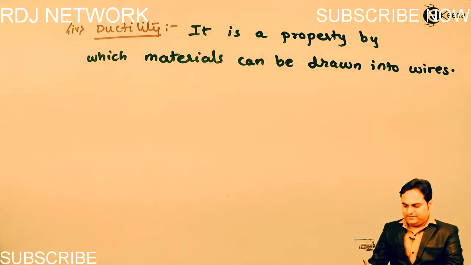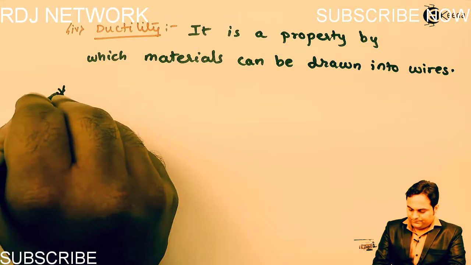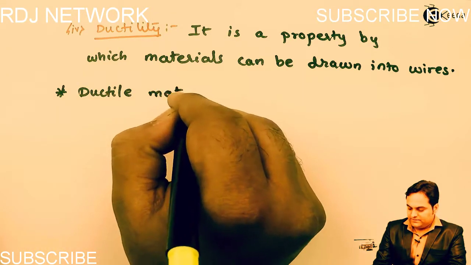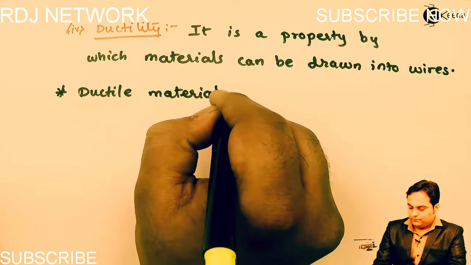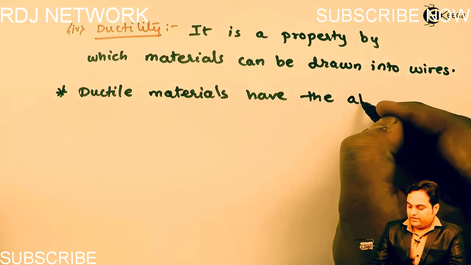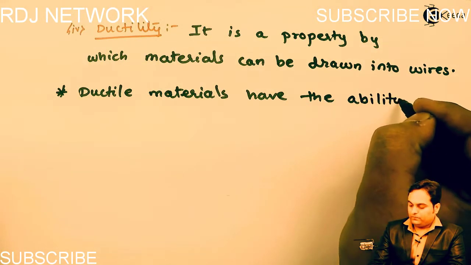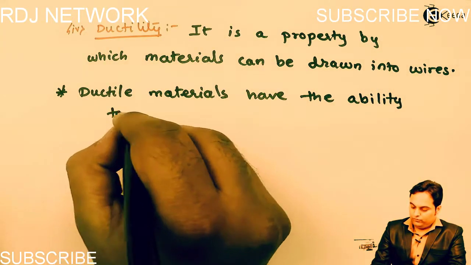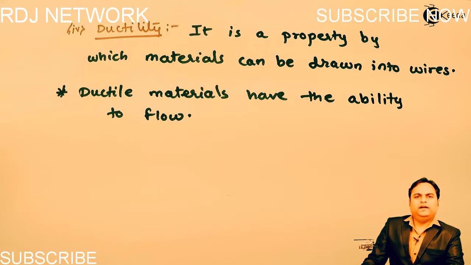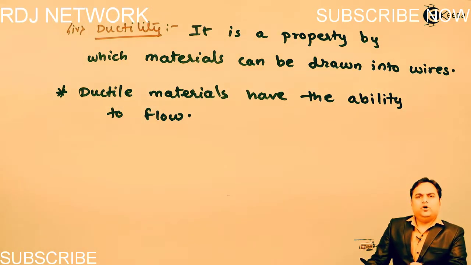So here I can say that ductile materials have the ability to flow. To flow means when the load is applied, the material will elongate, it will change its shape.